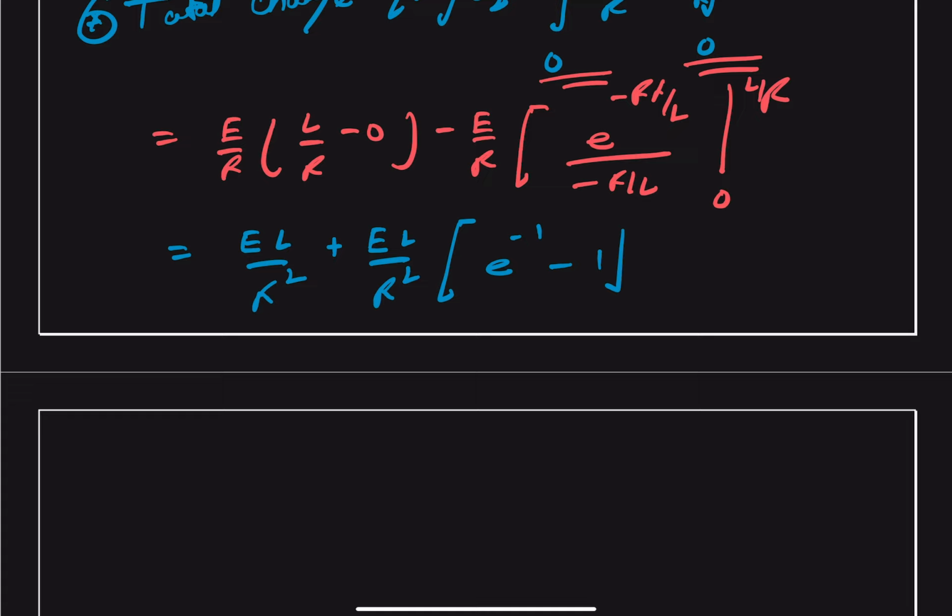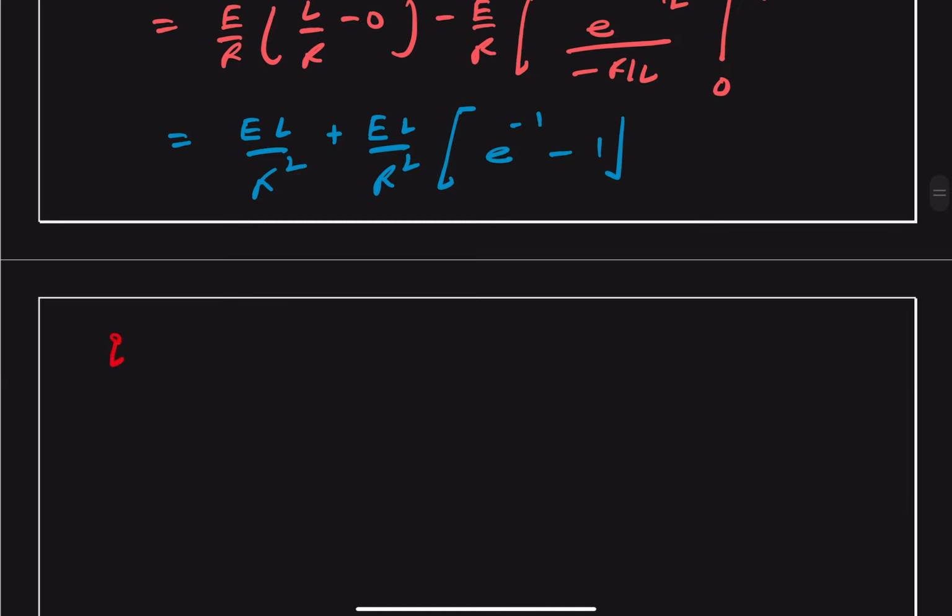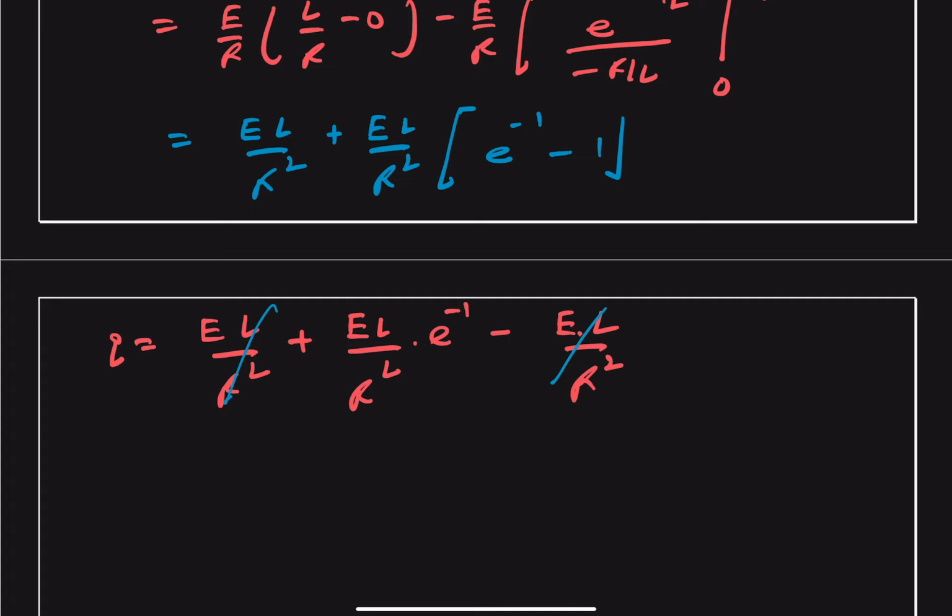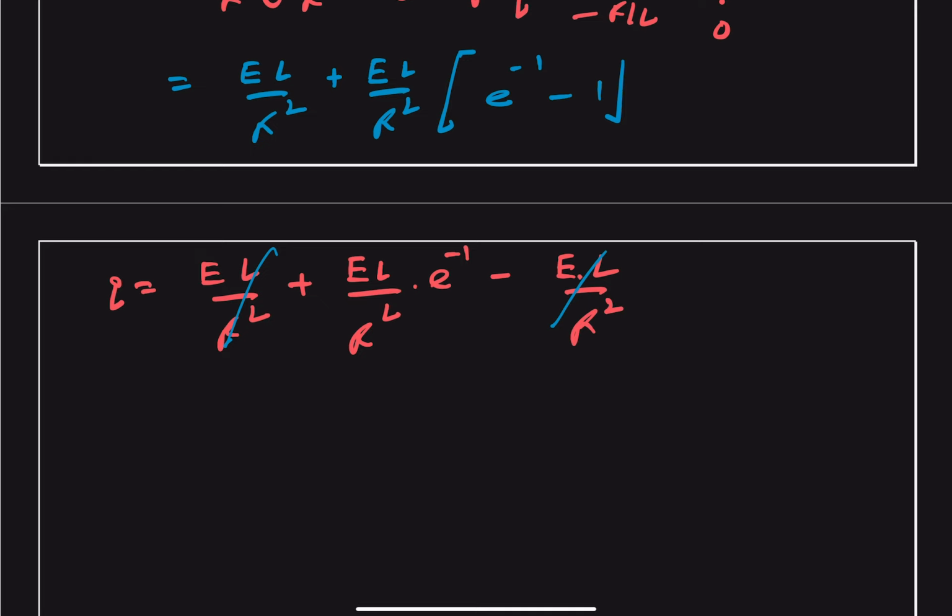So the charge Q will be equal to EL upon R square plus, we open the bracket and multiply it, EL upon R square times e raised to power minus 1 minus 1, and this will be minus EL upon R square. These two terms cancel out, and we are left with only one term, that is EL upon R square times e raised to power minus 1.